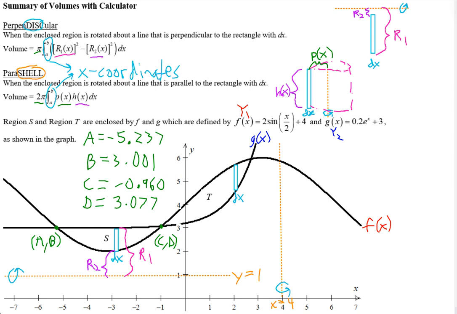I can remember it's the shell method. To help you visualize, you don't have to draw this, but it helps you visualize the cylindrical shell that we're finding the radius and height of. The p of x goes from the axis of revolution to the rectangle. There's the radius of the cylinder, and h of x is the top minus the bottom of the rectangle. That's the two things we need. So this time we're using the shell method.